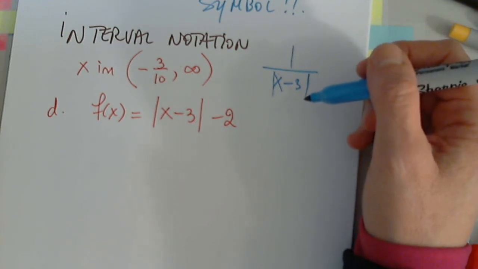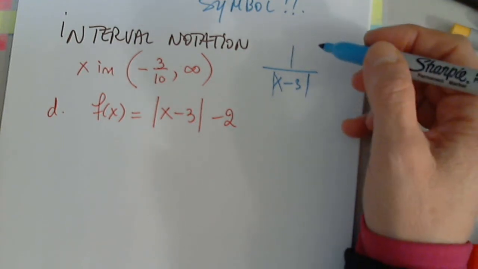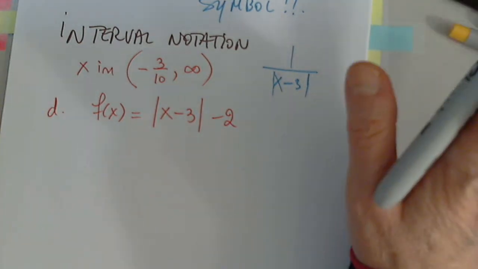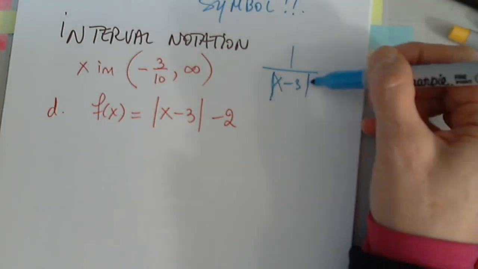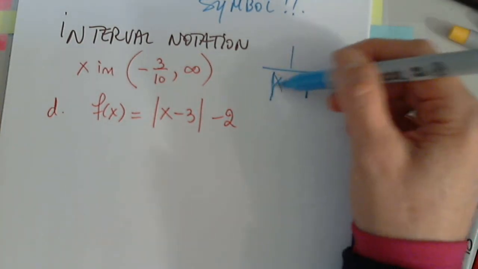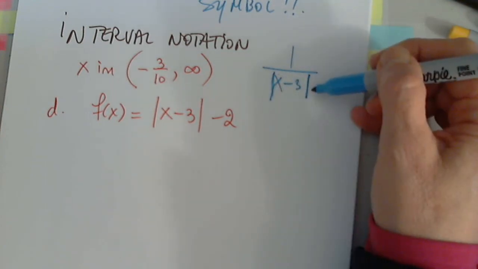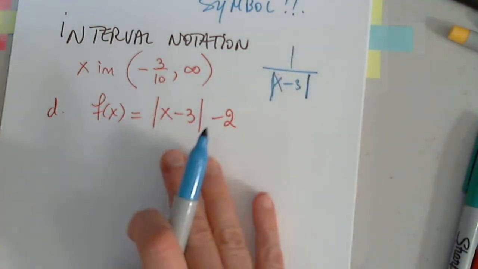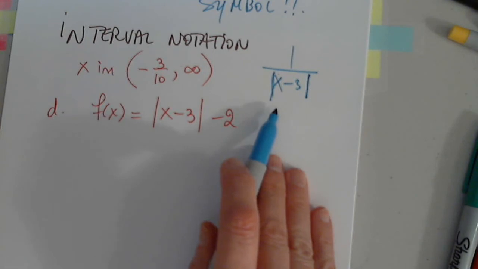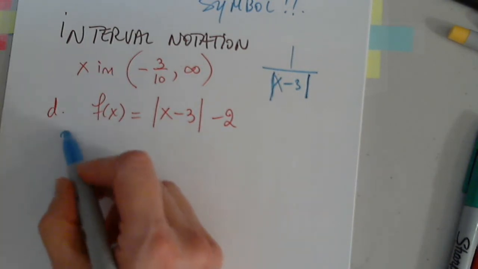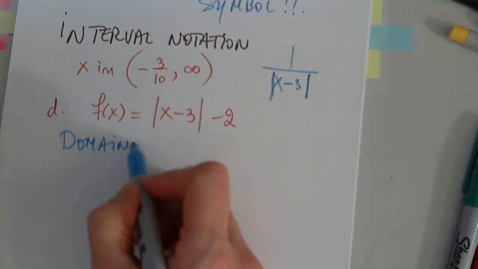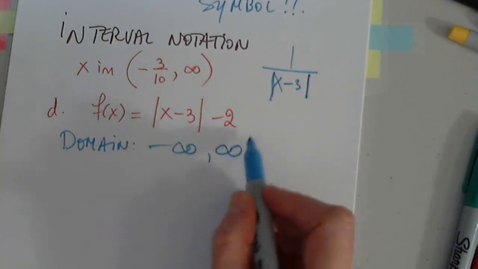It's function composition, inner function, outer function, not yet. So this is a rational function, but combined with an absolute value function. But here, we don't have x minus 3 in the denominator, so there are no restrictions. Domain, -infinity to infinity.